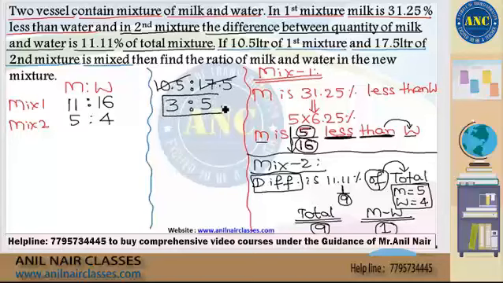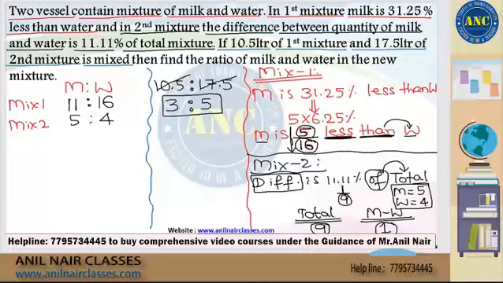In our previous question they were saying directly that both the mixtures are mixed in the ratio 3:5. Instead of saying that directly, they are indirectly saying, if 10.5 liters of mixture 1 and 17.5 liters of mixture 2 are mixed. So you can convert it as, mixture 1 and mixture 2 are mixed in the ratio 3:5. Then find the ratio of milk and water in the new mixture.